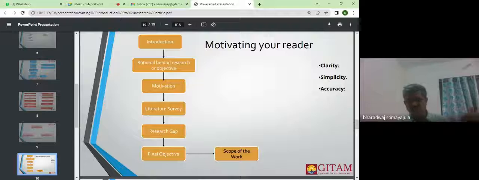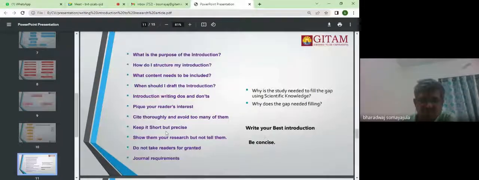This is how you will write it in your results and discussion: my values of resistivity are higher than so and so. When you write in results and discussion that your values are far superior to any other known compound, automatically the literature survey will come into picture, your research gap will be fulfilled, and finally it will lead to your final objective, that is writing a good introduction.